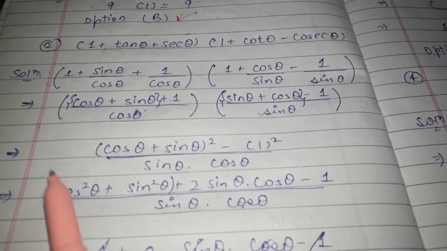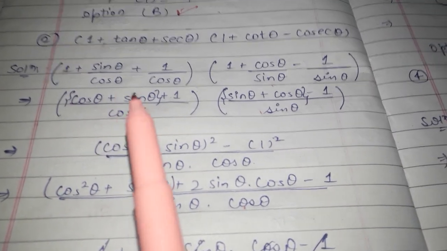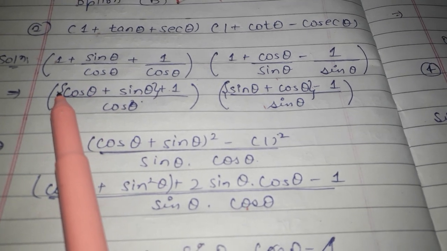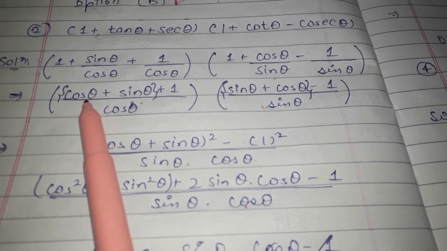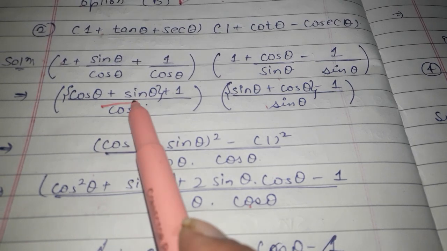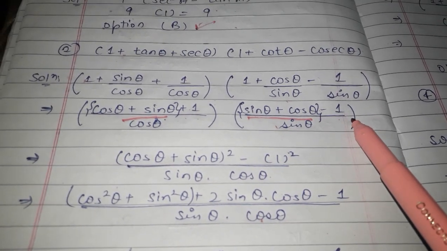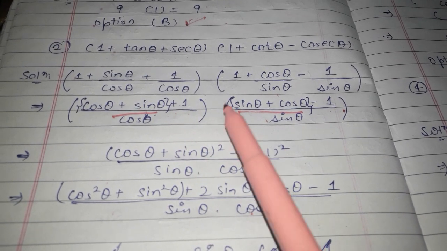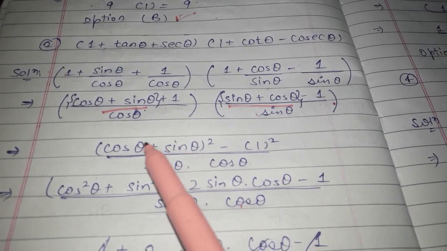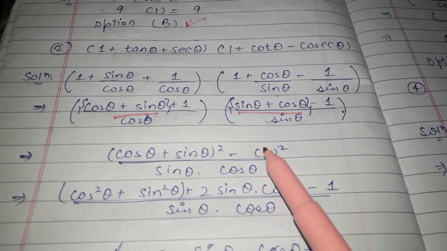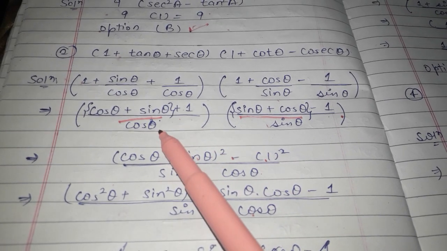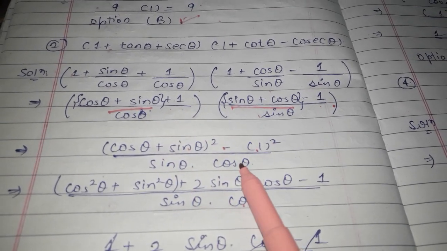Now we have to note that this is the A part, plus B, and this is A minus B. So it will become (A plus B)(A minus B), which is equal to A square minus B square. And the LCM will simply become sin theta into cos theta.